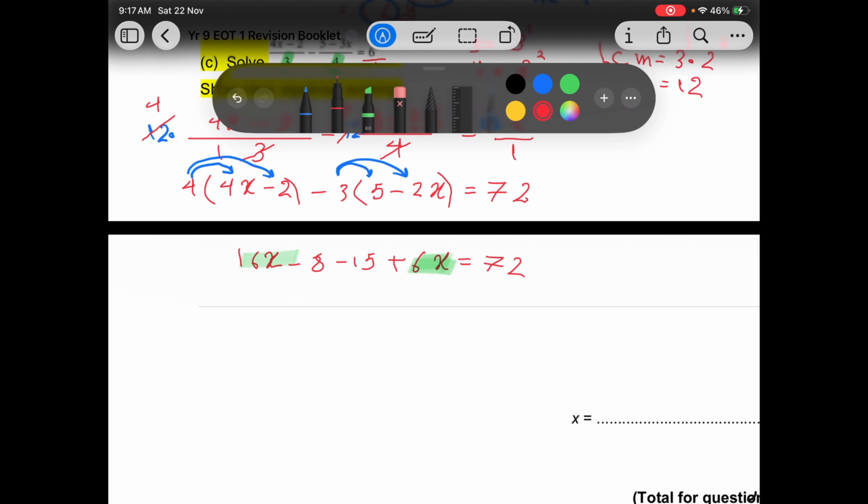So, guys, 16 plus 6 is 22. So it will be here 22x, minus 8 and minus 15 together is minus 23, equals 72.